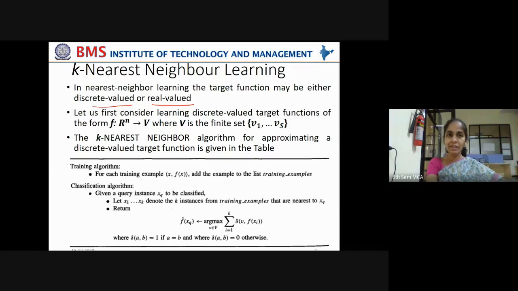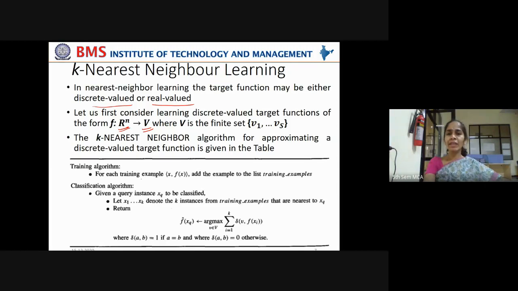How do you represent it? The function f is defined as mapping from the n-dimensional plane to a set of classes. It may be binary classification, in which case we will have only two classes. In case of multiple classification, we will have three or more classes.